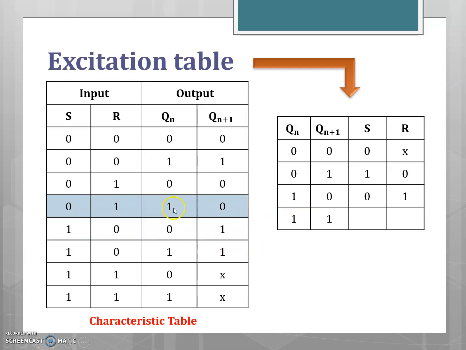For Qn equal to 1 and Qn plus 1 equal to 0, S equal to 0 and R equal to 1. For Qn equal to 1 and Qn plus 1 equal to 1, S is either 0 or 1, so S is don't care and R is equal to 0. So this is the excitation table for the SR flip-flop.